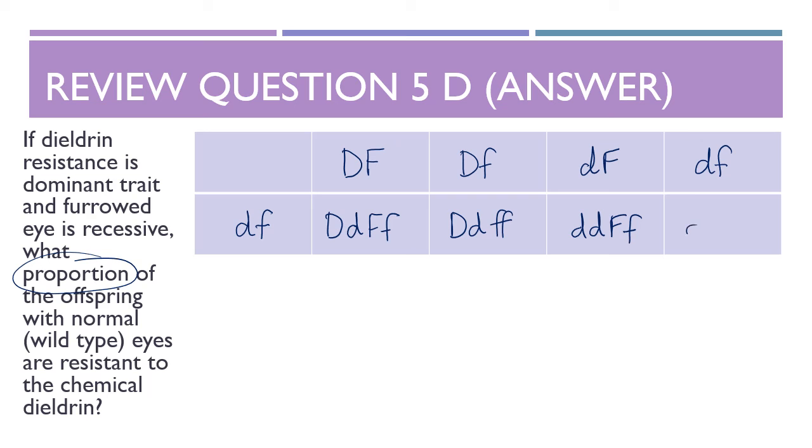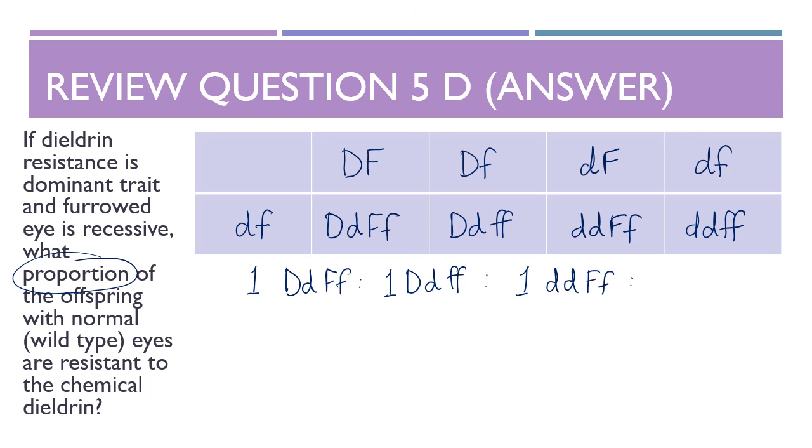Okay, and now I need to look at my possible results. Okay, so I'm just going to say for my genotypic ratio, I have 1 of this, 1 of this one, and 1 of this. So I've got a 25% chance of each.